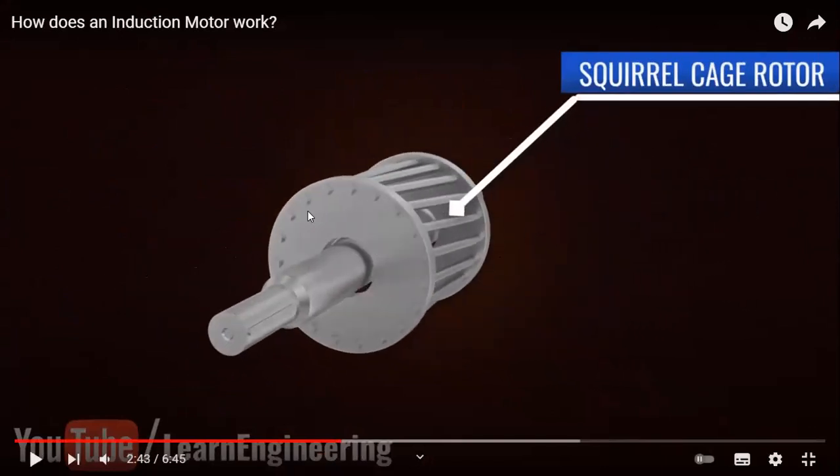One thing you can remember: in the induction machine we only put the supply to the stator. We do not supply anything to the rotor. But in the DC machine, we supply both the stator and rotor circuits individually with DC supply.